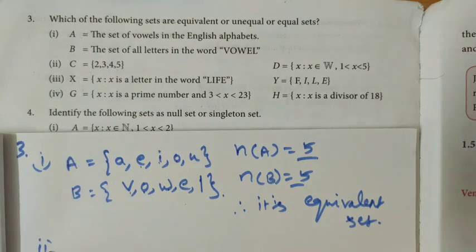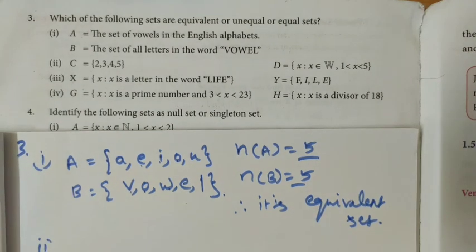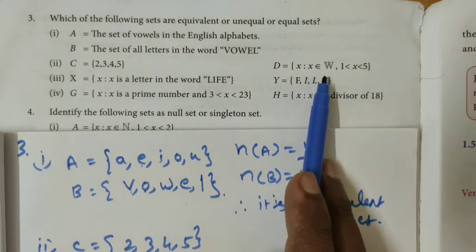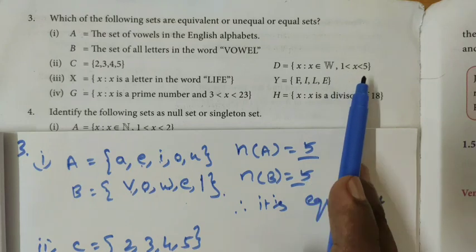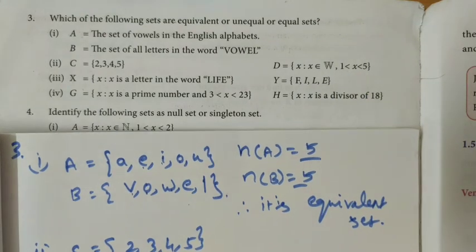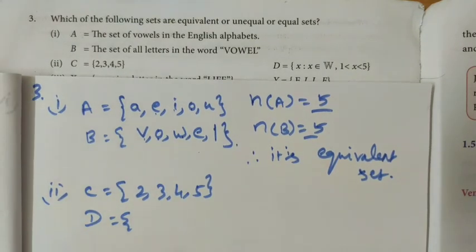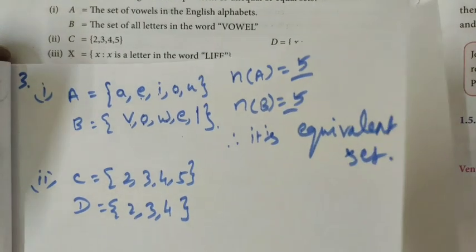See Roman number 2. C is given as the set {2, 3, 4, 5}. And then the set D is given as {x such that x belongs to whole number and x is greater than 1 and less than 5}. Greater than 1 and less than 5 means what are the elements? That is 2, 3, 4, less than 5 only is given, right? So we have to take up to the number less than 5.